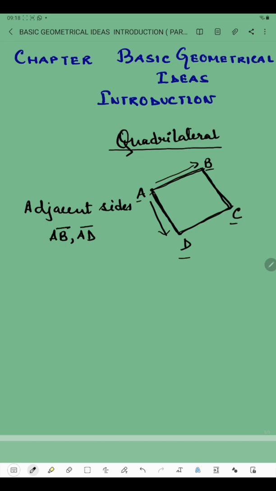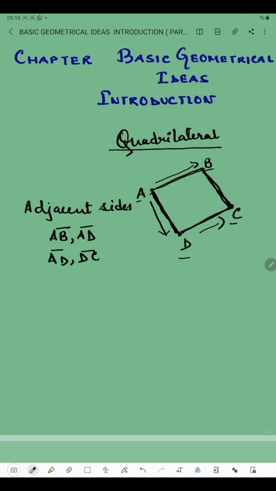Now if you check this one, AD and CD, they also are together because they share the common point, which is D. So AD and DC are also adjacent sides. Now if you take this one, DC and CB, they are also together.